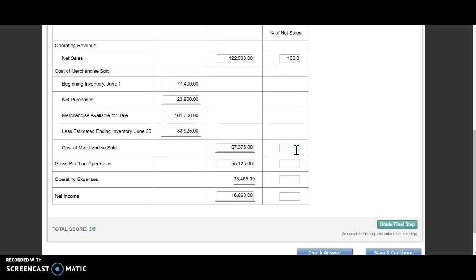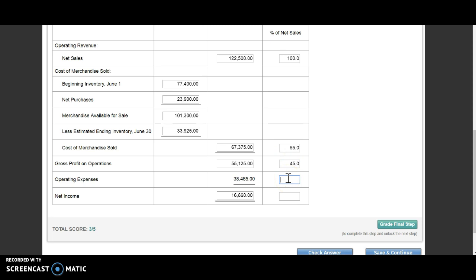Okay, for this one, we're going to take the cost of merchandise sold divided by our net sales to get 55.0%. Now we're going to take our gross profit on operations divided by our net sales. We should get 45.0%.